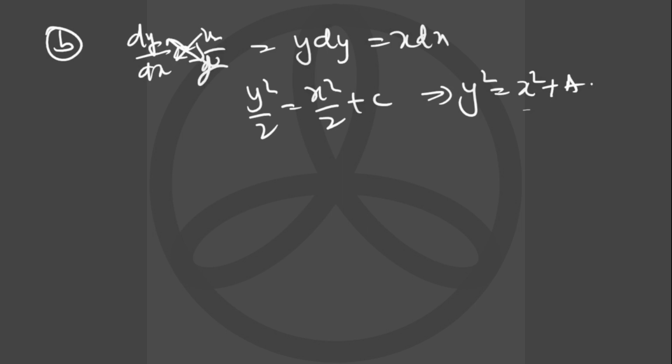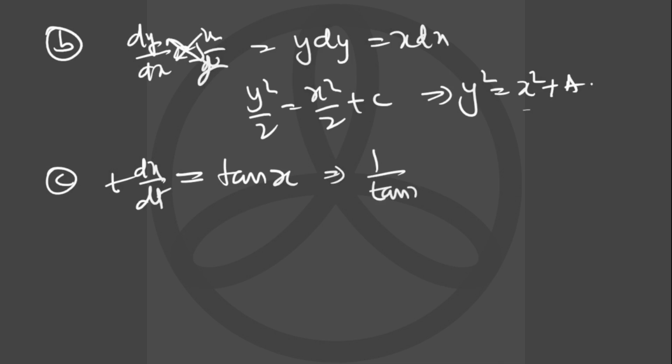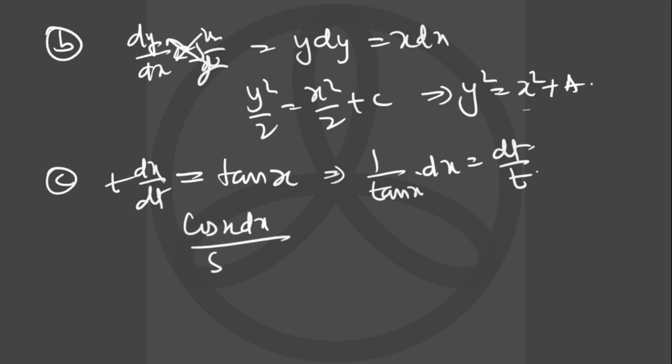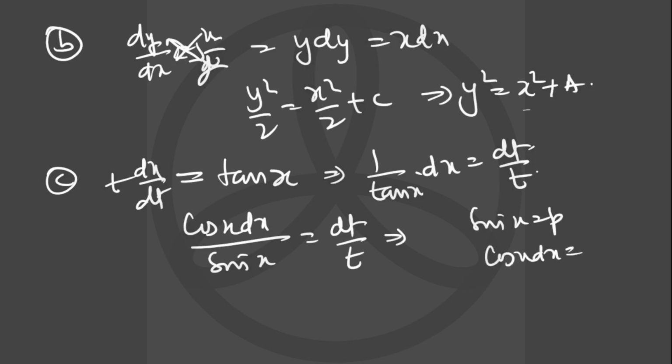Now C is t dx/dt = tan x. Separating the variables we will have 1/tan x dx = dt/t. 1/tan x is equal to cos x dx / sin x = dt/t, and if on the left hand side we assume sin x = p, the differentiation of this will be cos x dx = dp.